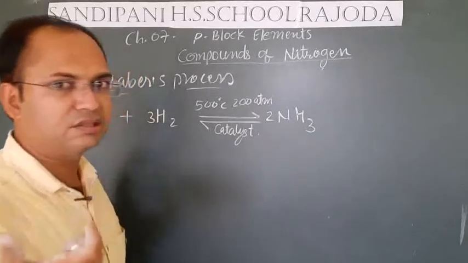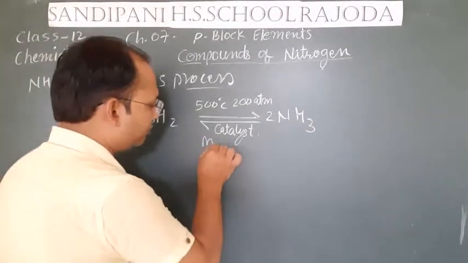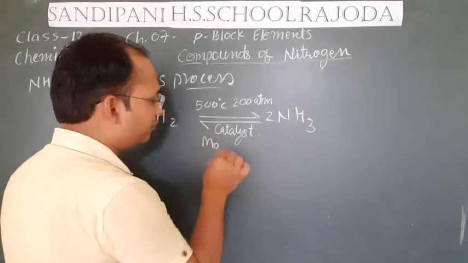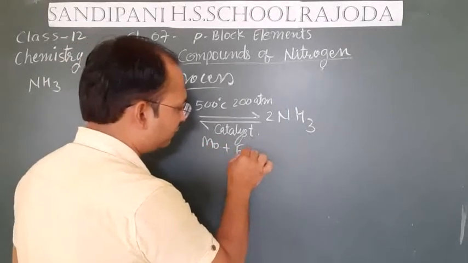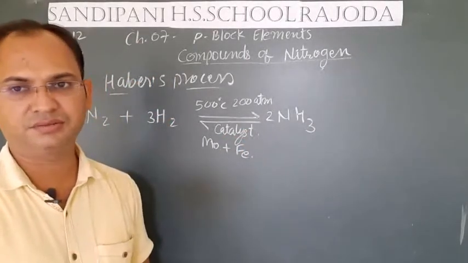And which are the substances or elements that are used as catalyst? So here the powder of molybdenum (Mo) plus powder of iron (Fe) are used as catalyst.